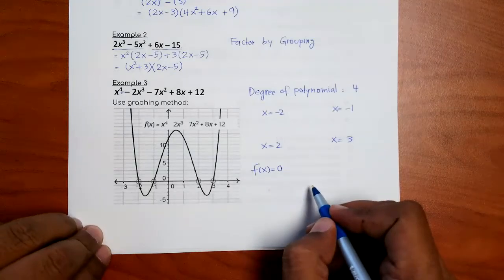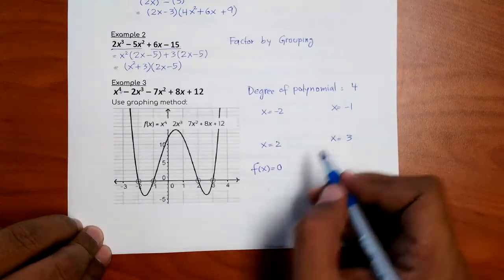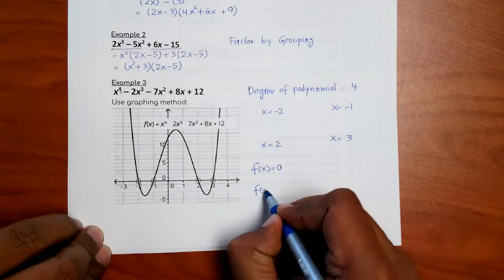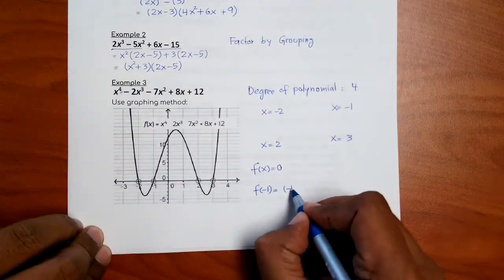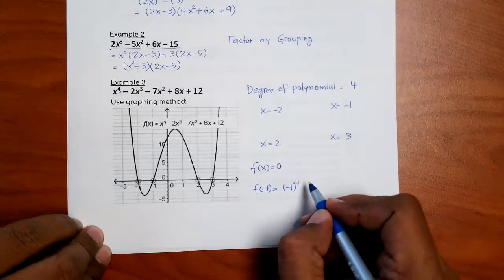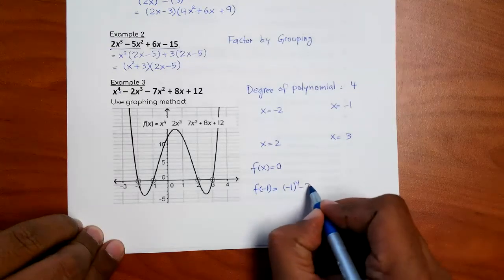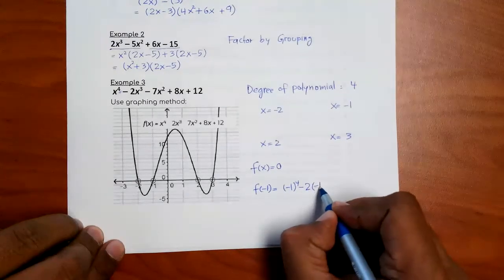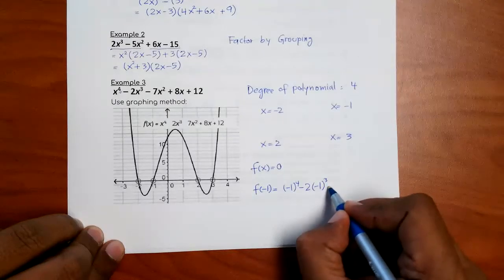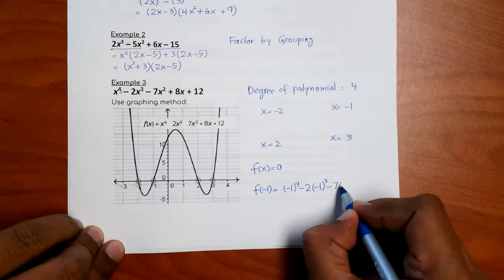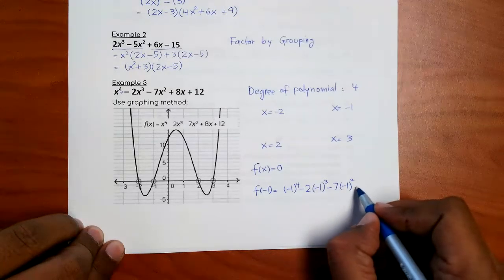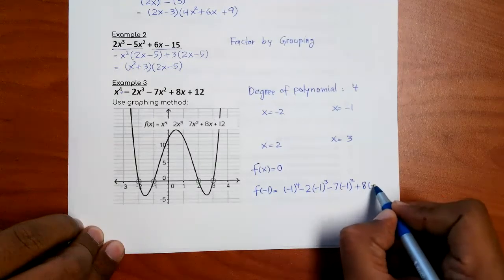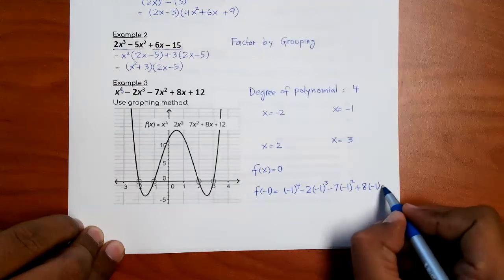So now to check if it's correct, let's go with negative 1. f of negative 1 is going to be (negative 1) to the power 4, minus 2 times (negative 1) to the power 3, minus 7 times (negative 1) squared, plus 8 times negative 1, plus 12.